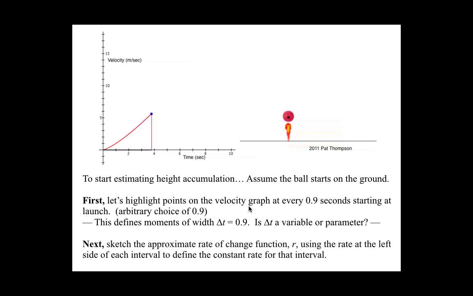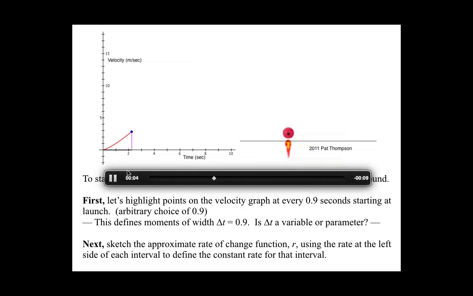I'm going to pause this graph in a moment, but you have it frozen on your sheet already. On the task 1 side, you can see this graph. If I want to use this exact rate of change function to figure out something, I need to have constant rates of change.